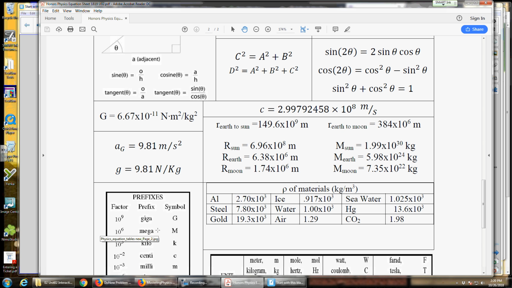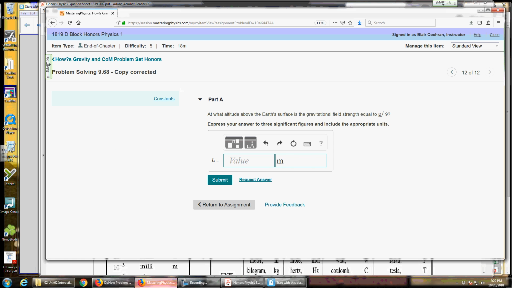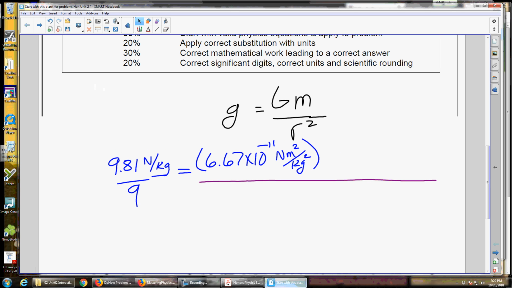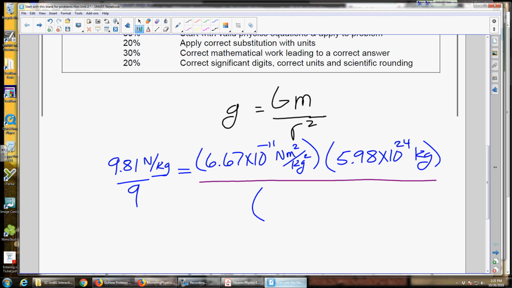Good. Radius, so that's my altitude plus the radius of the Earth.